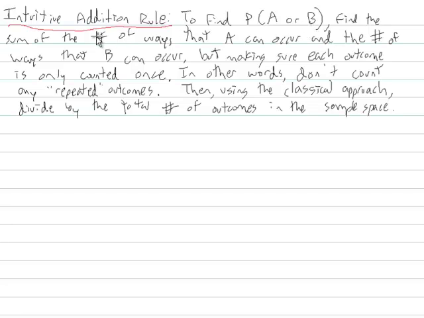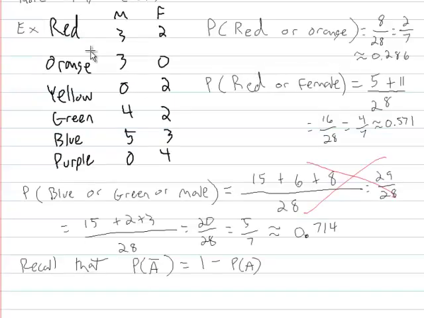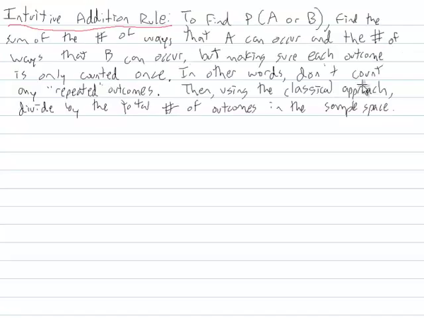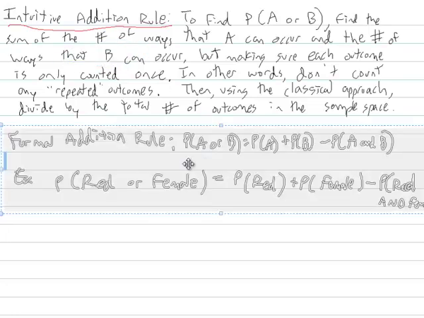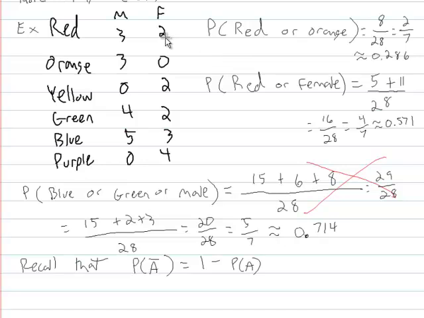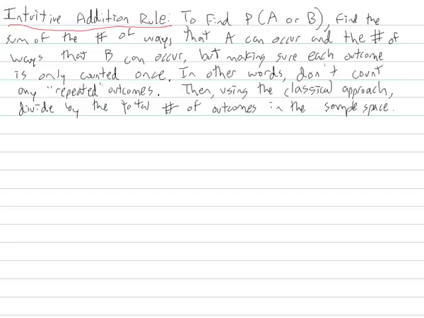So that's what we did here with red or female. We said, okay, let's find the number of ways that the person selected could be red, which was 5. And then we added in the number of ways that the person selected could be female in this case, all 13 of these, but we have to make sure we don't count any repeated outcomes.